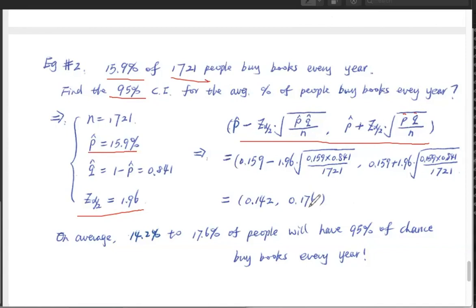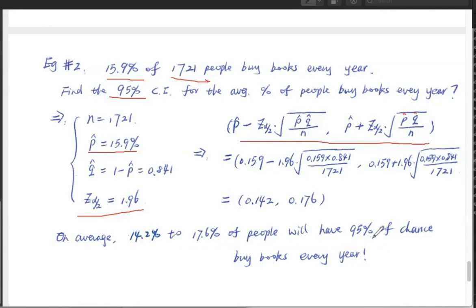We say 95% chance, or to be more accurate, there is a 95% chance that the percentage of people who buy books every year is between 14.2% and 17.6%.